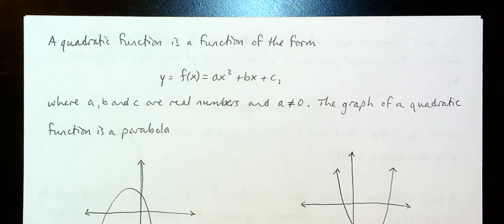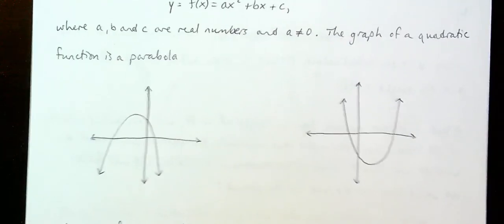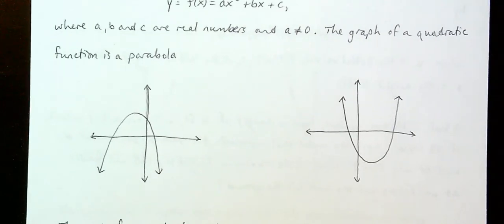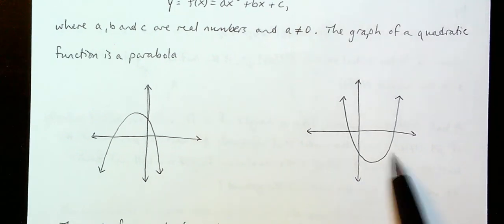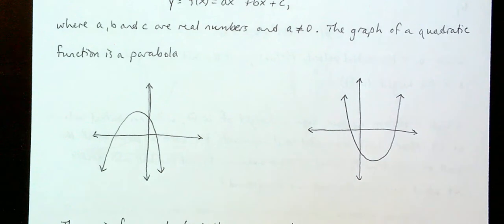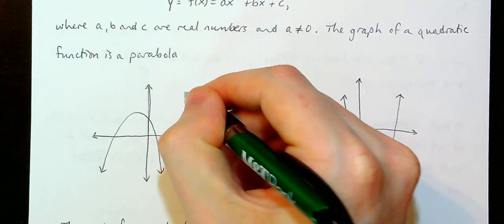And if you look at the graph of a quadratic function, something of roughly this form, you get what's known as a parabola. Now here I have graphs of two separate parabolas. As we can see, one opens downward and looks like a frown, and the other one opens upward and looks like a smile. So the question is, how do we know which one is which?